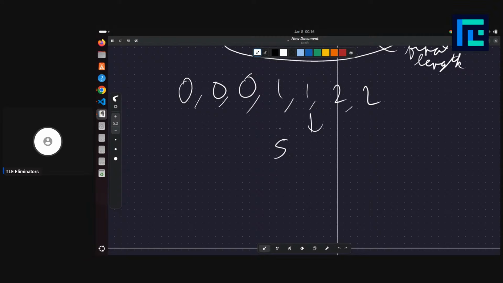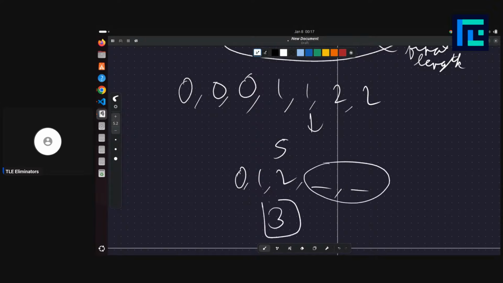In my final array I will have 0, 1 and 2, and I have only 0, 1 and 2, so I will need two more occurrences of either 0, 1 or 2. That still makes my max equal to 3. Of course I cannot make my max more than 3, because in my original array I don't have a 3. In my original array the max is equal to 3.